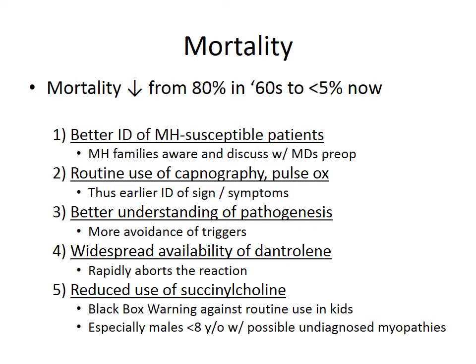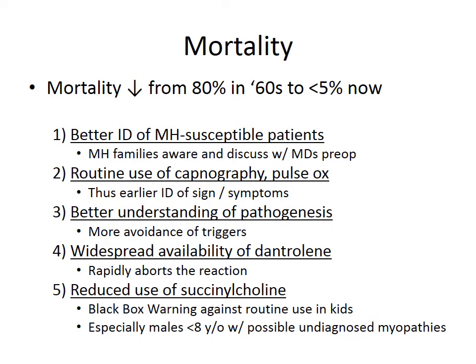The first being that we simply better identify these patients, and making that a common question that we ask on all preoperative phone calls, on all preoperative assessments, that we screen these patients and eliminate that exposure. MH families are also more aware and are more likely to discuss these issues with their physicians preoperatively.